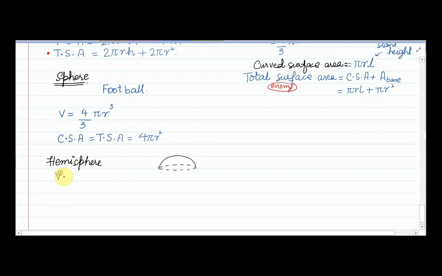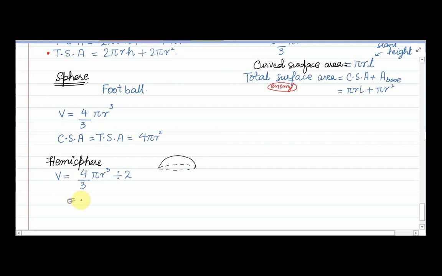So the volume of hemisphere will be 4 upon 3 pi r cube, and you need to divide it by 2 because it is exactly half of a sphere.